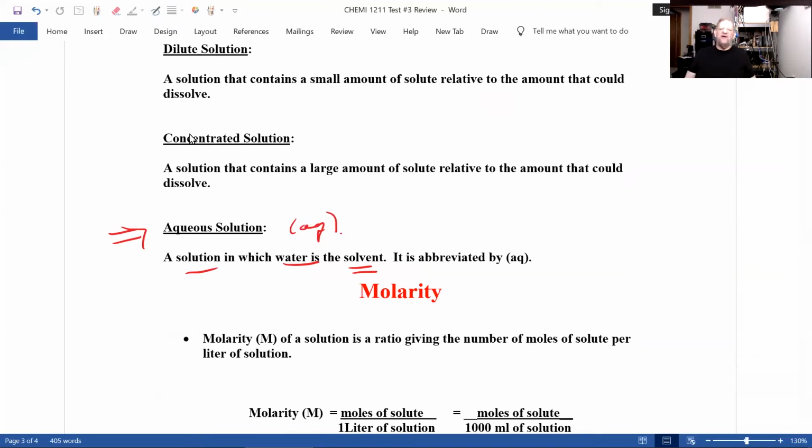Now, there are different ways of measuring how much solute is in a solution of a certain solvent. There's percent concentration by weight and by volume, which I turned to the off position for the test, but I turned it all the way up for molarity.